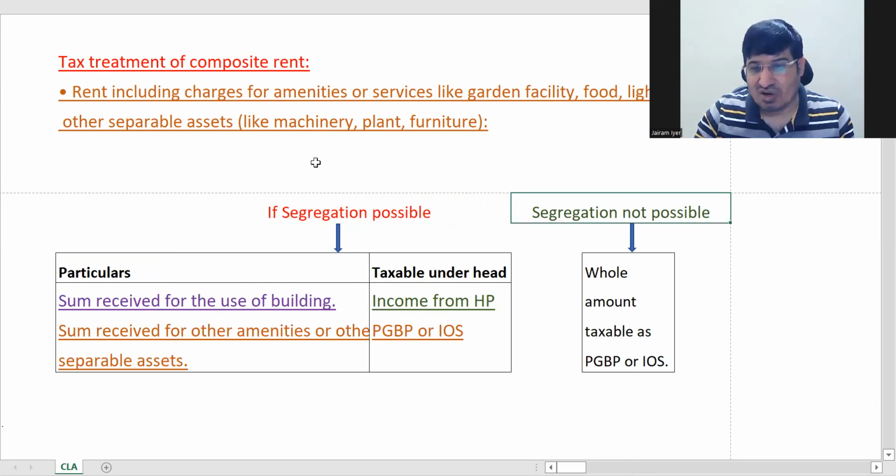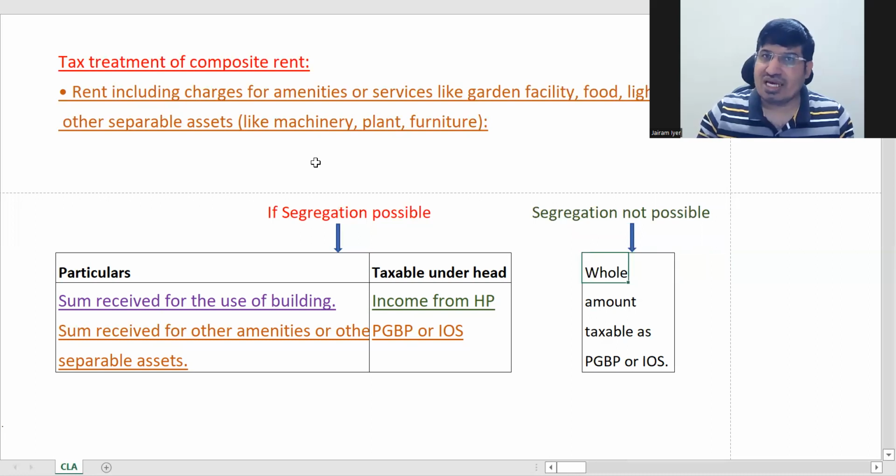If segregation is not possible, that is, you are getting the whole thing as one only, for example we are giving it out only furnished and 25,000 is the rent, then segregation is not possible. Then the whole amount is taxable as what? PGBP or IOS.